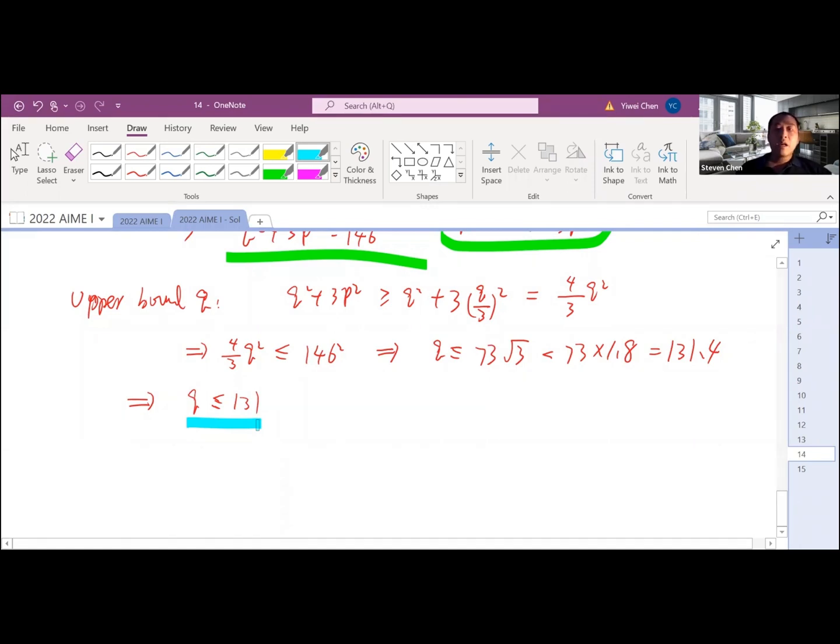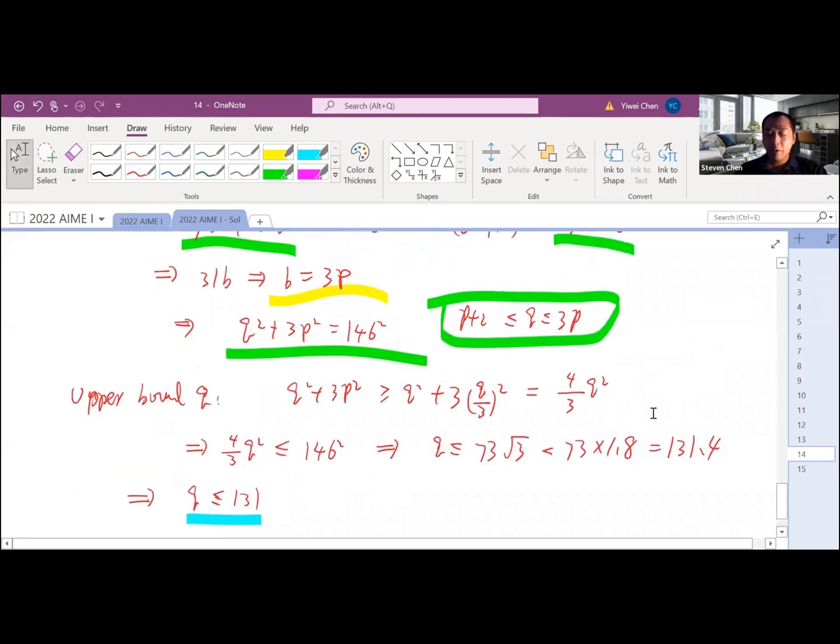And second, let's establish a lower bound of Q. So for this one, we know that this is the strict inequality. So recall that Q is equal to P plus something, right? Q is bigger than or equal to P plus 2.